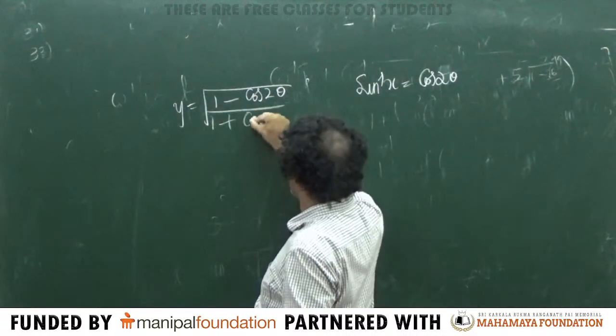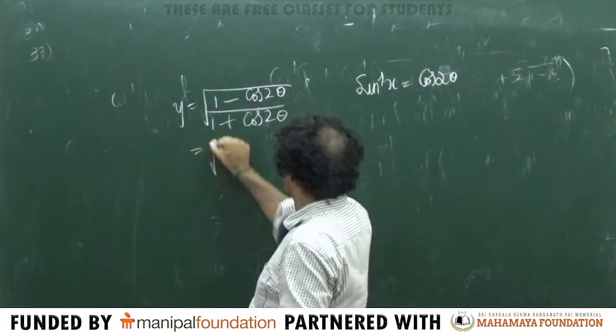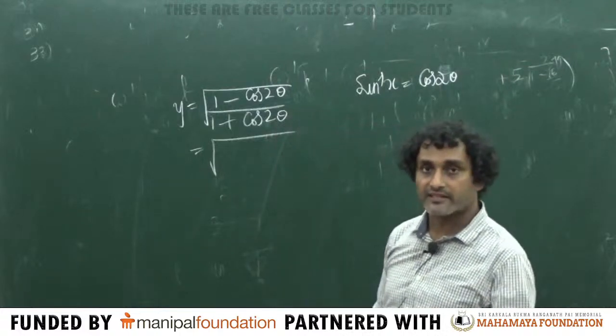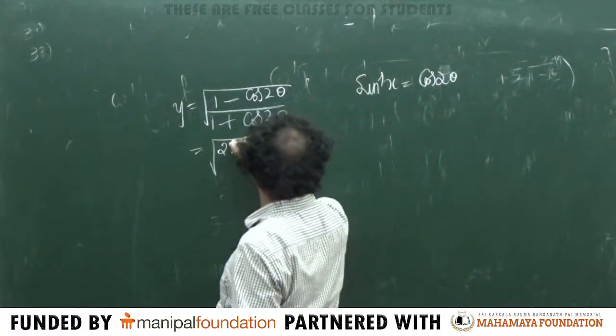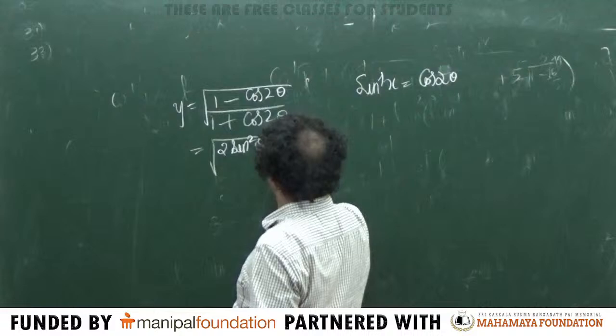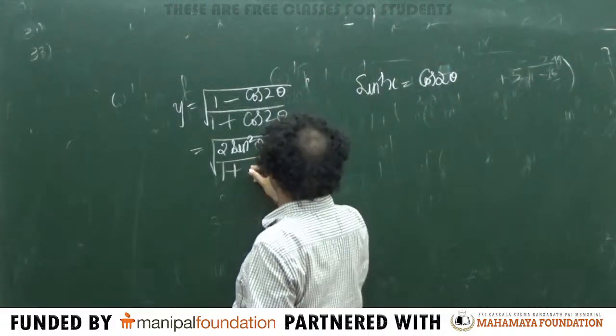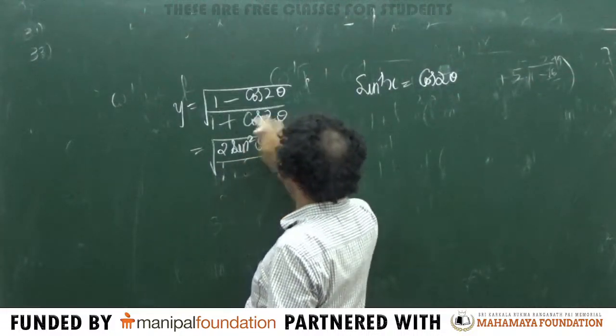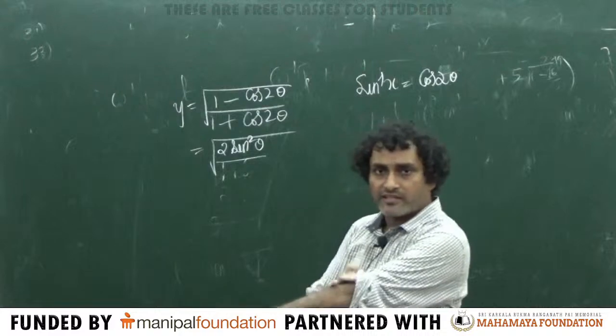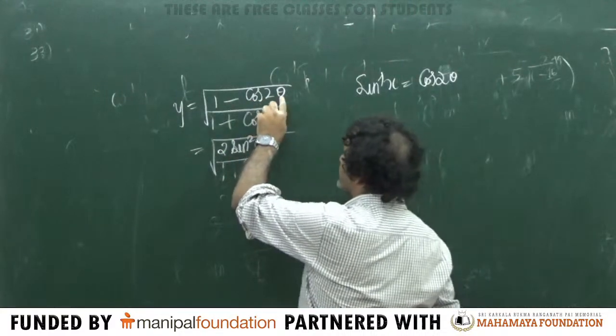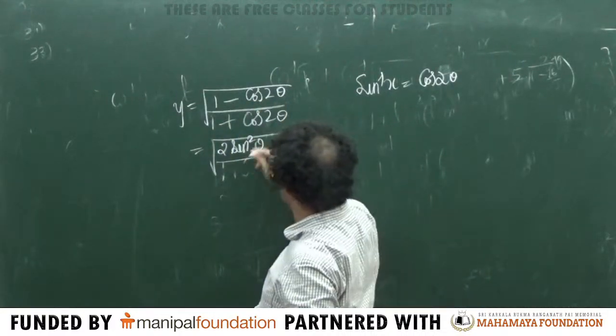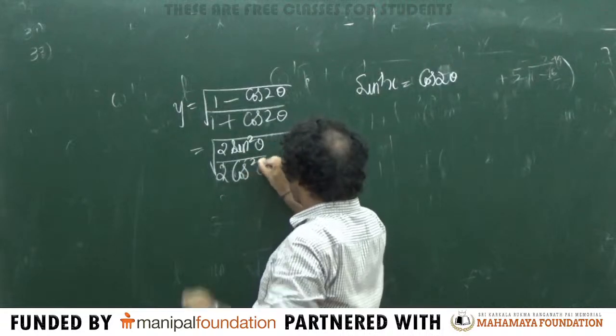Again 1 plus cos 2 theta. What's 1 minus cos 2 theta? Isn't it 2 sine square theta divided by 1 plus cos 2 theta, you know this shortcut, right? 1 minus cos 2 theta is 2 sine square theta and here 2 cos square theta.